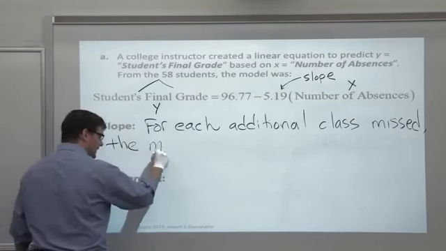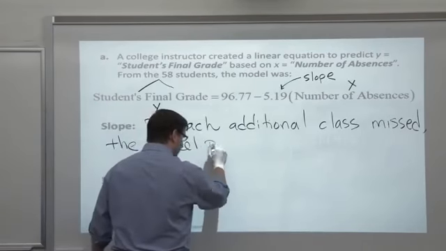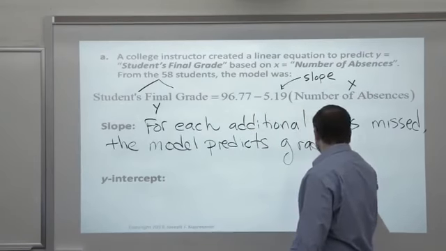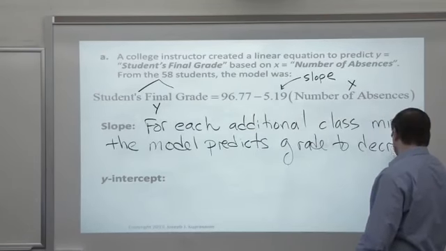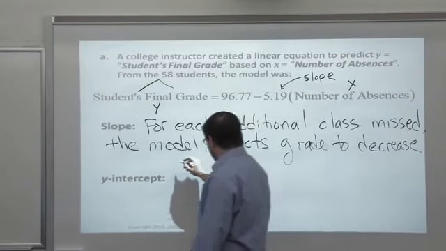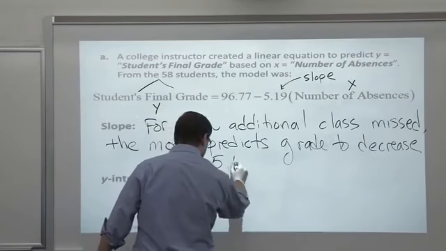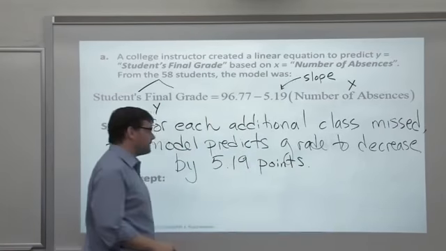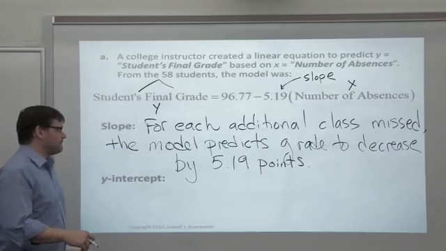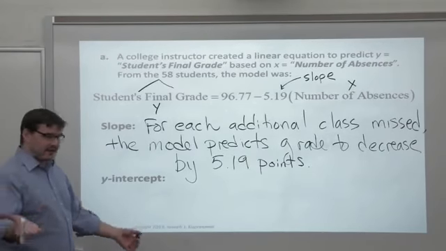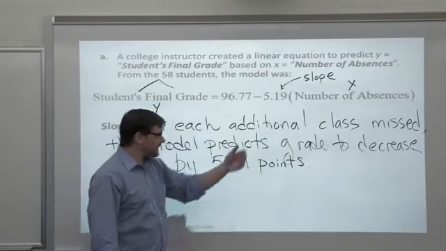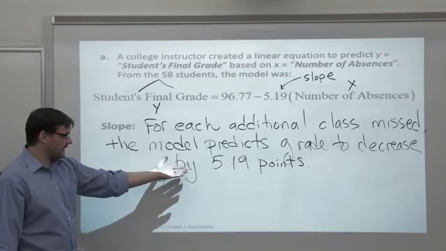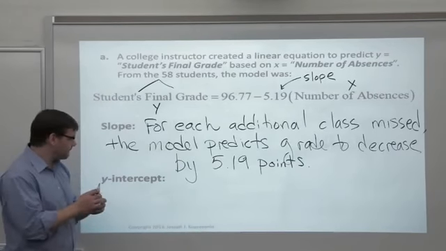The model predicts grade to decrease by 5.19 points. In general, as x increases by 1, where x is number of absences, for each extra absence, grade is expected to decline by 5.19 points.